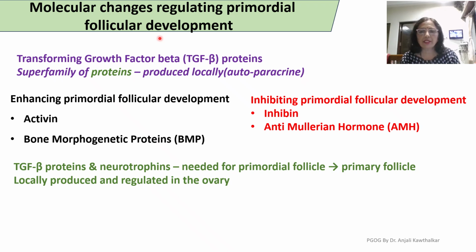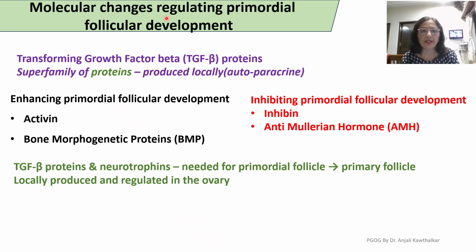Now, as I have said in the first slide itself, there are important molecular changes which are regulating the menstrual cycle, and even regulating the follicular development. And especially for primordial follicle development, that means early development, there are important molecular changes. It is independent of follicle stimulating hormone.